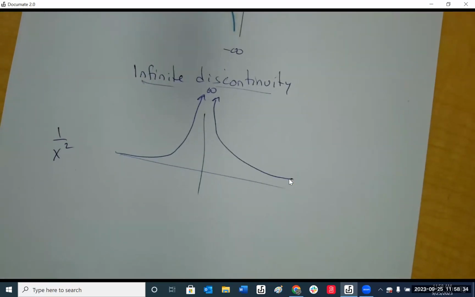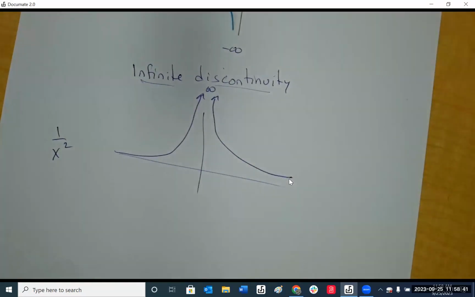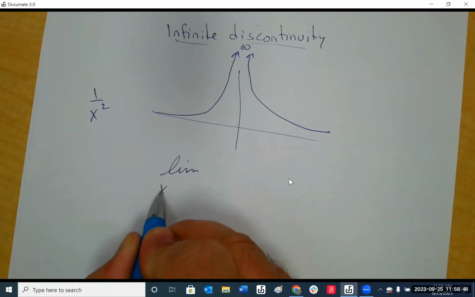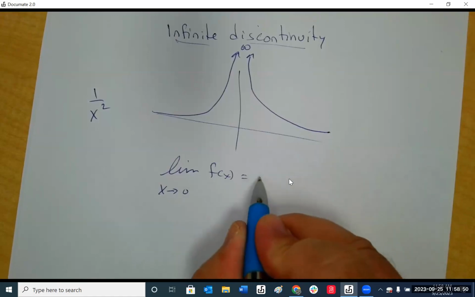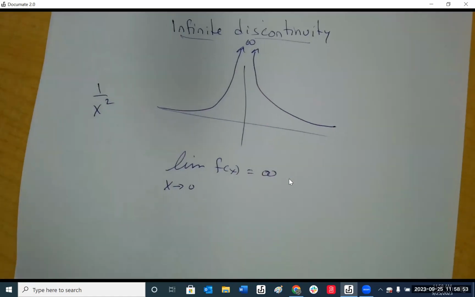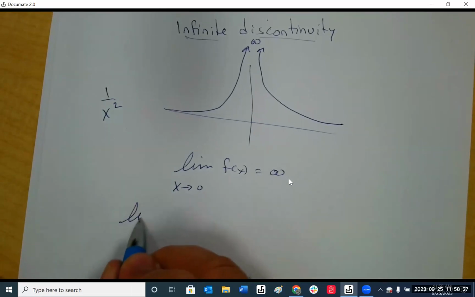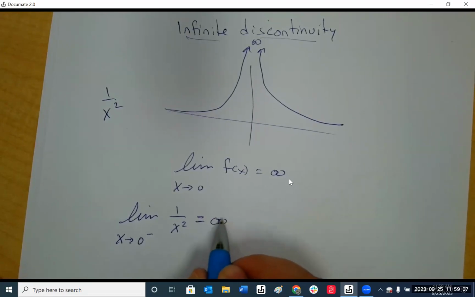And the second one, the x squared, is infinite. We get infinitely close to 0, our limit goes to infinity. So as x goes to 0 of our function, it goes to infinity. Is it the same on both sides? That's what you have to check. As x goes to 0 from the left, 1 over x squared equals infinity.